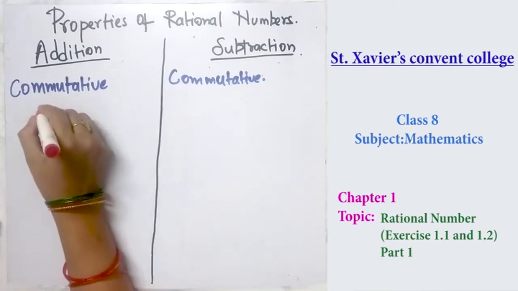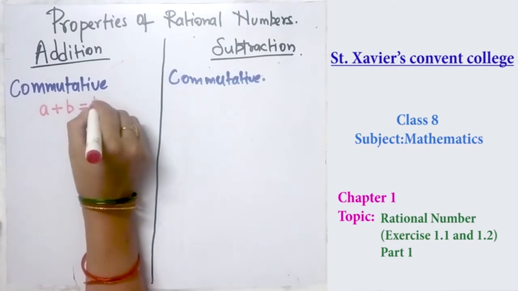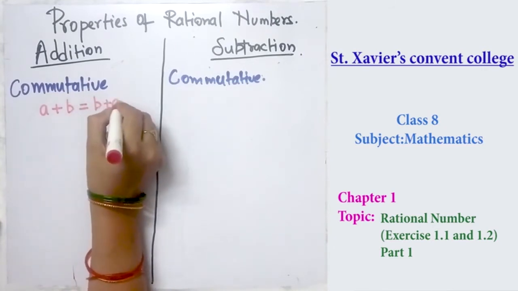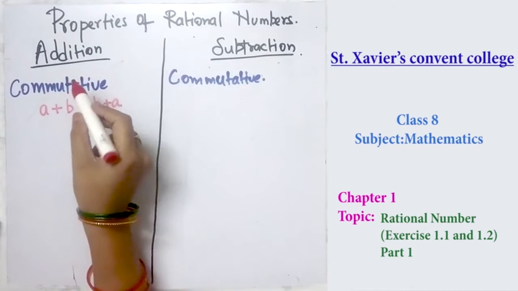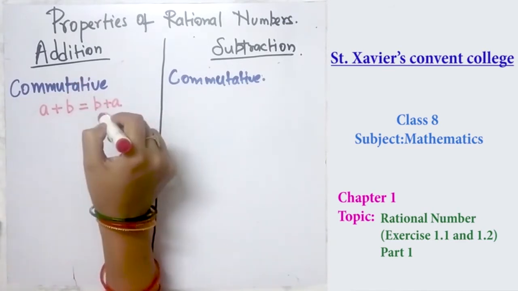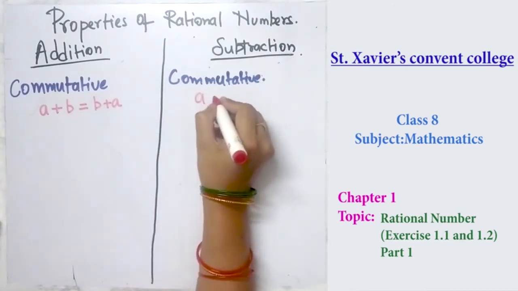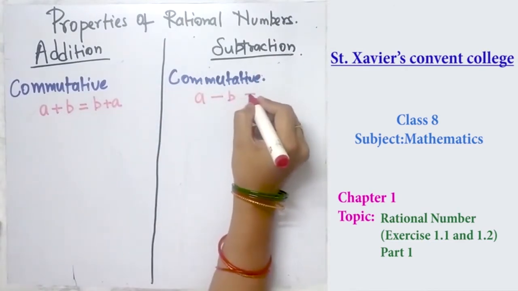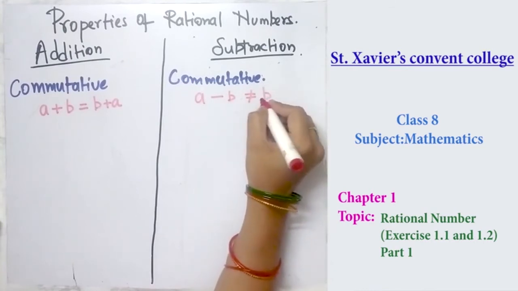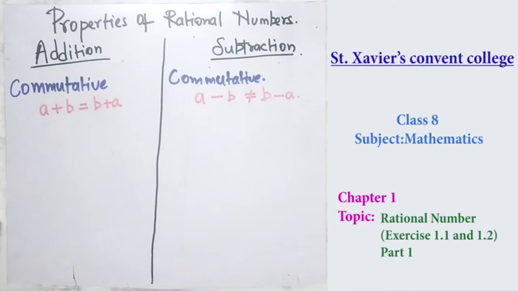That is, A plus B is equal to B plus A. Under addition, A plus B equals B plus A, and if you add both of them you get equality. While in subtraction, A minus B is never equal to B minus A. It will always differ by the minus sign.